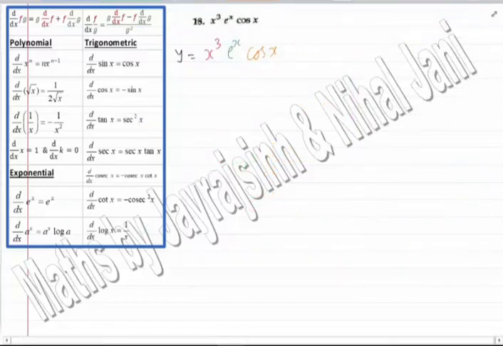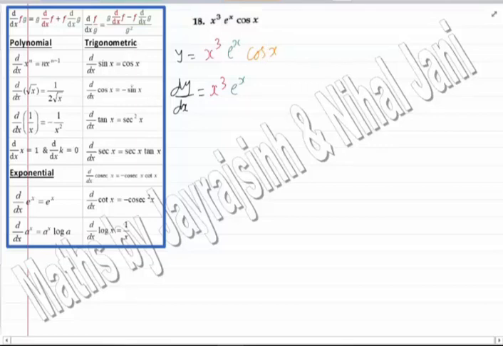Now we reach the last question of the second part. Y is equal to x cube into e raised to x into cos x. We have three different functions in multiplication and we know how to deal with it, right? But here I am going to skip the middle step and differentiate directly. Let me show you how. Whenever we have to apply the multiplication rule, we know that the first two terms are as it is, and we have to differentiate the last term.